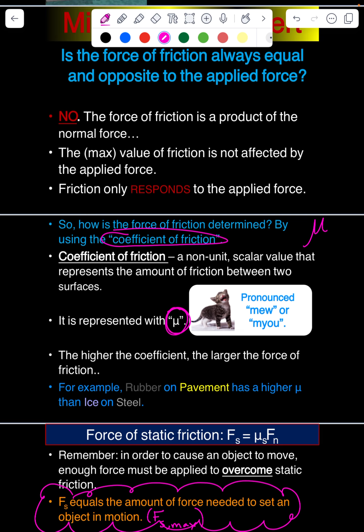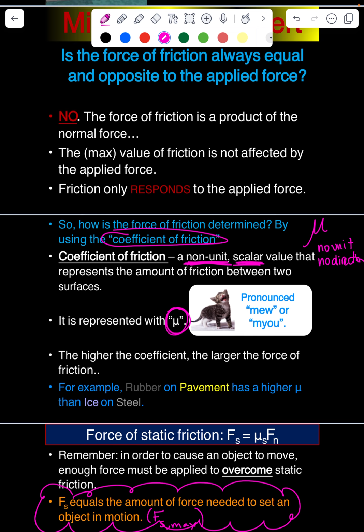We saw this last year in chemistry during dimensional analysis, where it was the prefix symbol for micro. Now it is our coefficient of friction, our first non-unit scalar value, which means it has no unit and no direction.